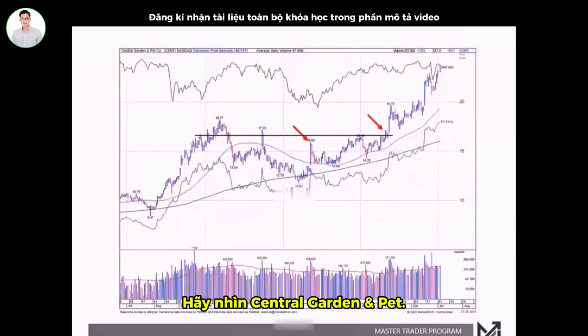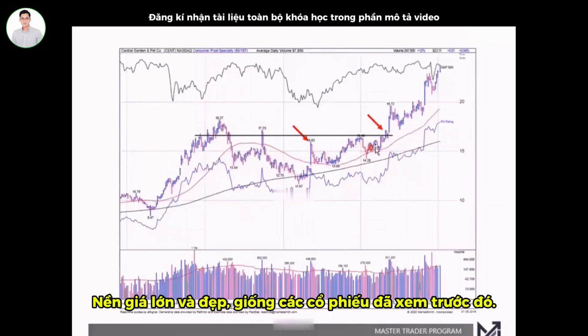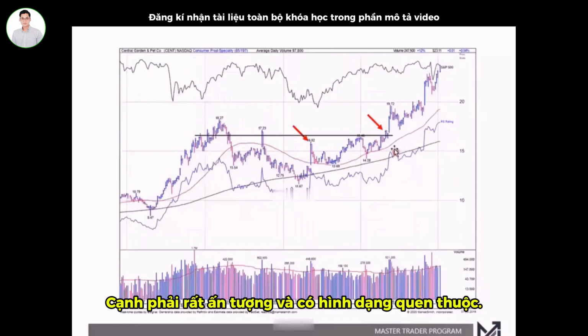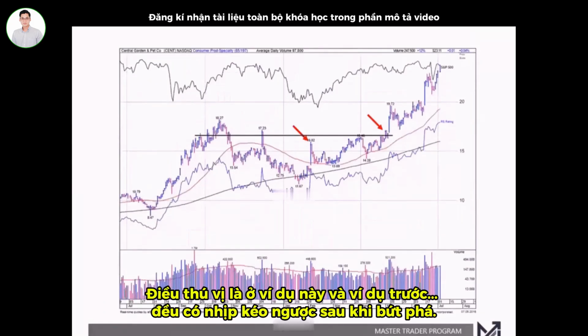Take a look here. Central Garden and Pet, CENT. This is one nice big setup here. I mean, again, this looks like this could be so many of the other stocks we looked at. Almost identical. This right side is amazing on how it looks like so many of the previous stocks. Yeah, and go ahead. On this example and the previous example, what's interesting too is that both of them pulled back.